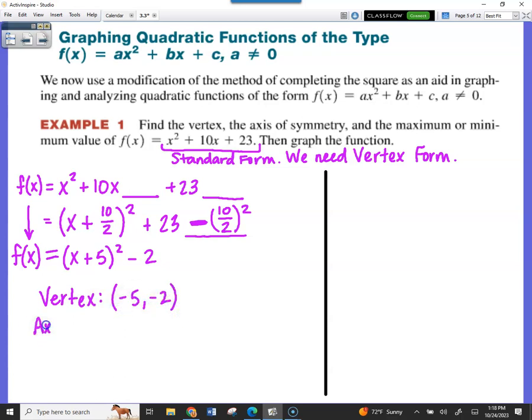What is the axis of symmetry equation? X equals -5. Is it opening up or down? So it has a max or min. It's opening up, it's bottoming out. So it has a min of -2.